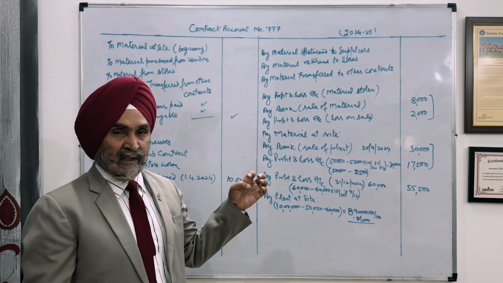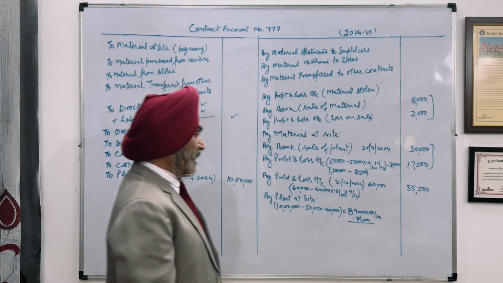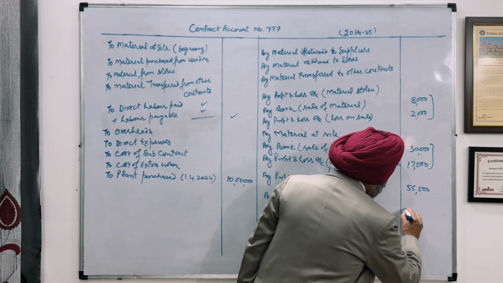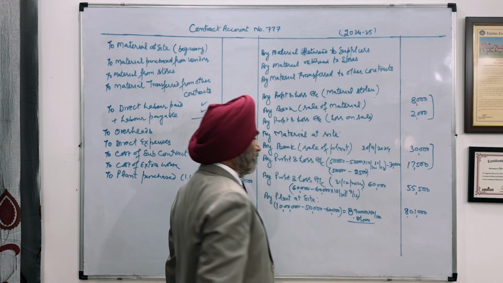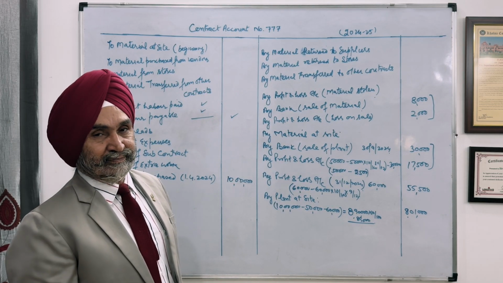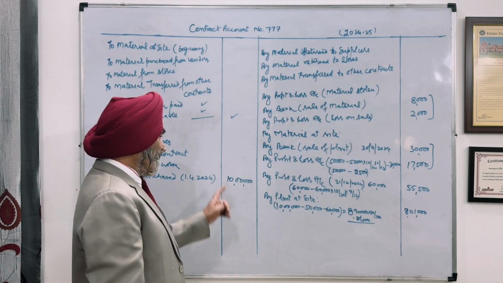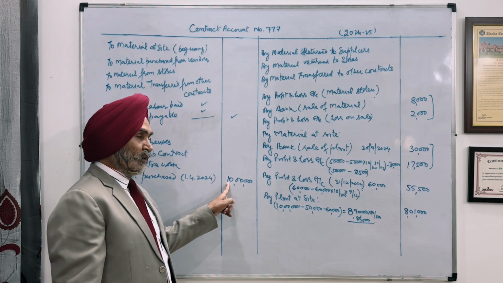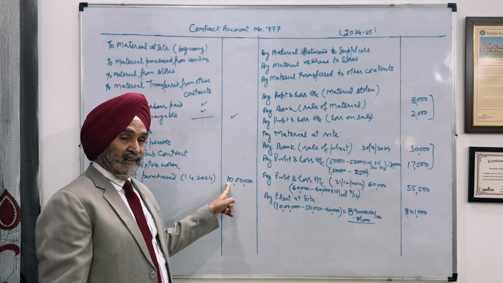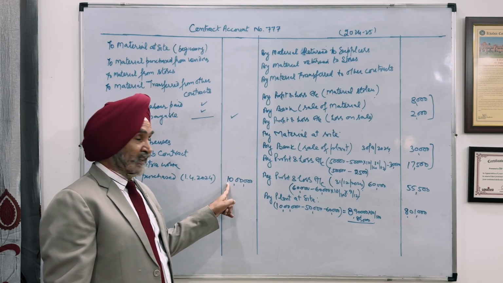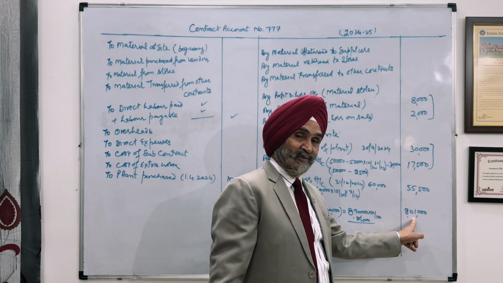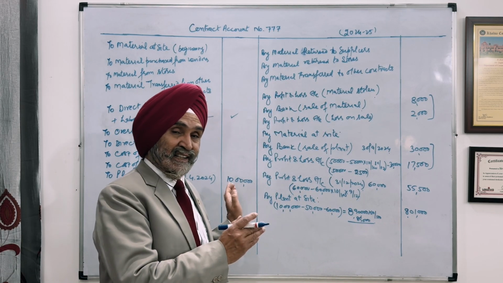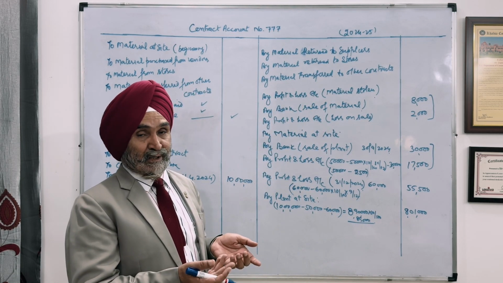So after 89,000 depreciation, 8 lakh 1,000 is the written down value which we are to record here. 8 lakh 90,000 is included in this, 8 lakh 1,000 recorded on this side. The difference is 89,000. That is the depreciation.